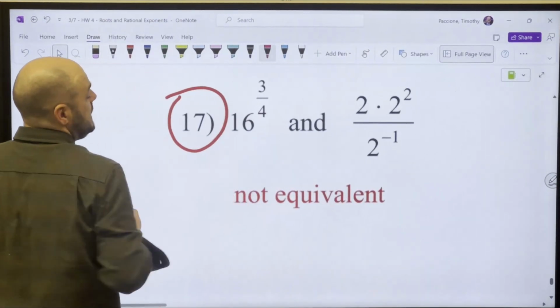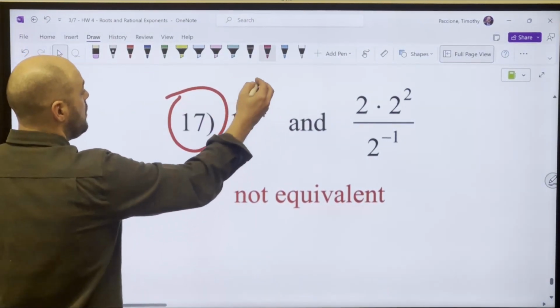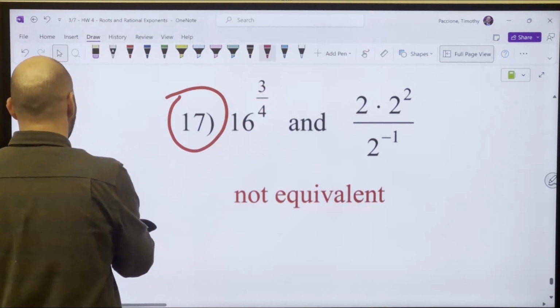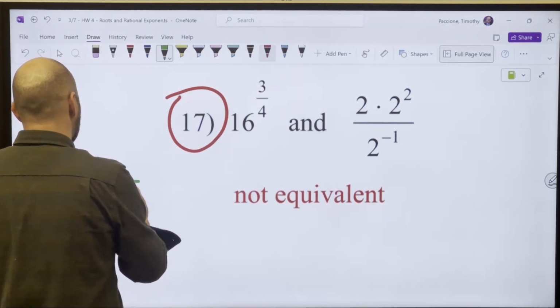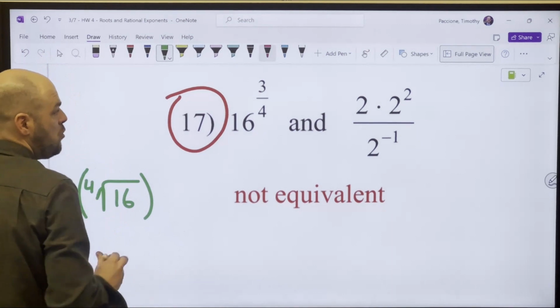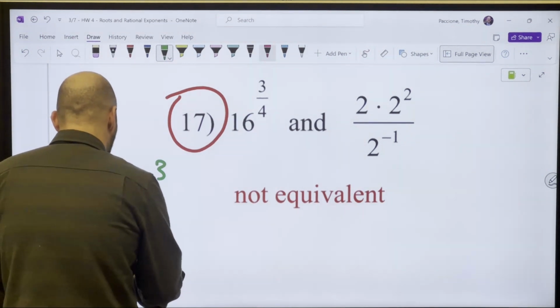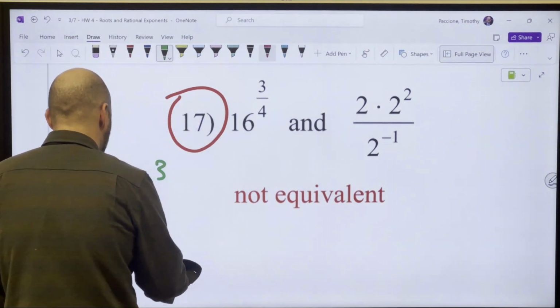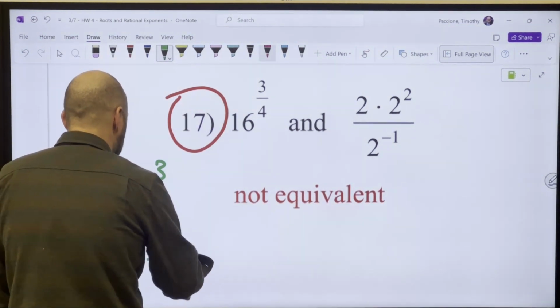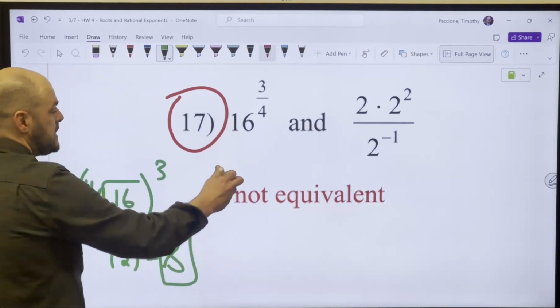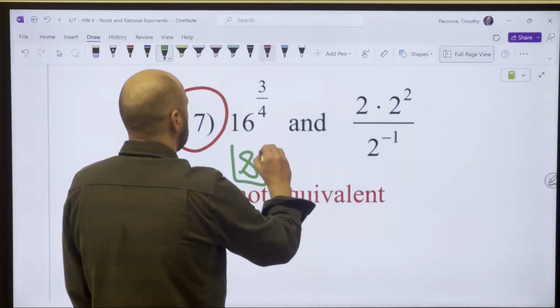Well, 16 to the 3/4, that's our exponent, that's our root. So I'm looking for the 4th root of 16 raised to the 3rd, right? The 4th root of 16 is, again, 2. So that's 2 to the 3rd, which is 8. So the value of this is 8.